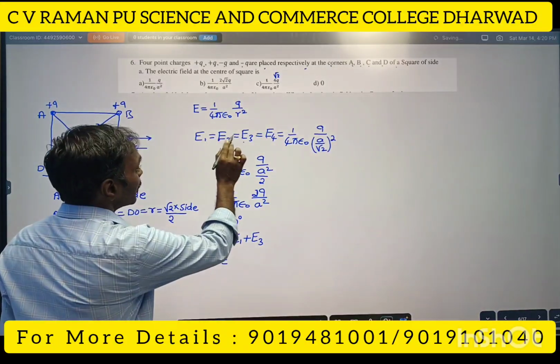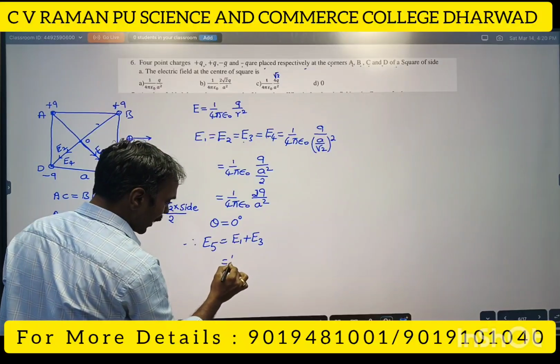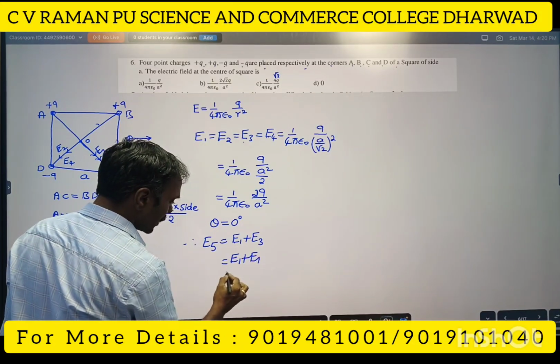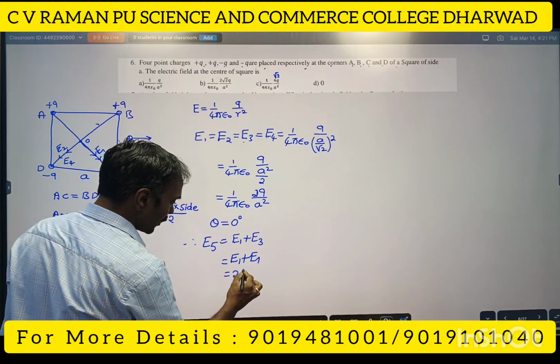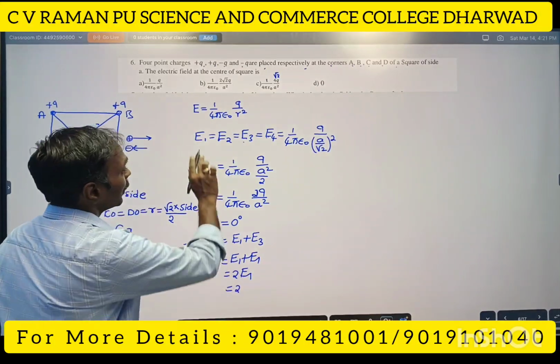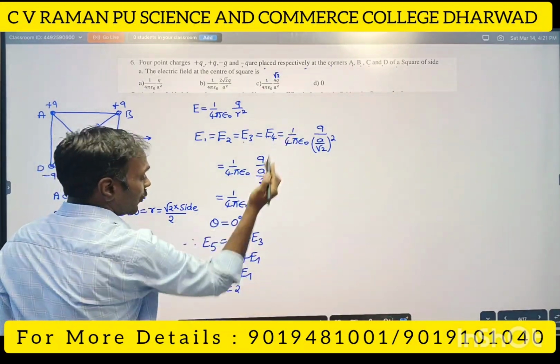So here E1 is equal to E2 is equal to E3 is equal to E4, so I can write E1 plus E1 is equal to 2 times E1. So E1 is equal to what?